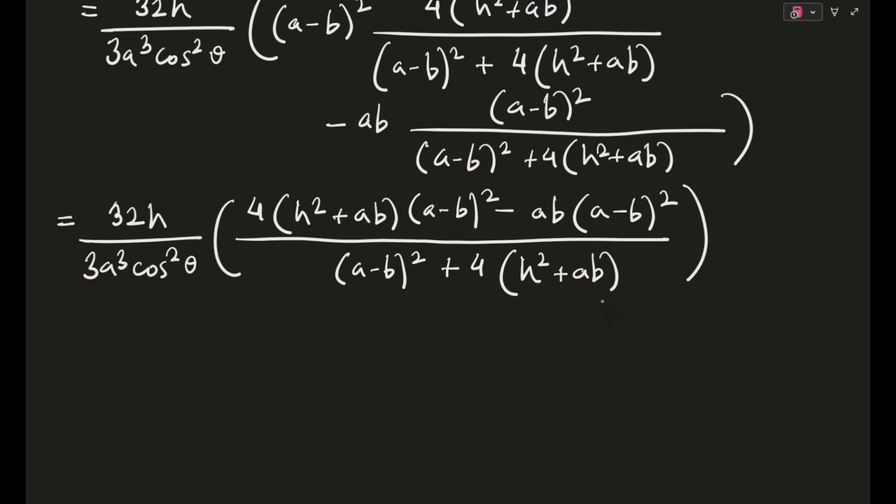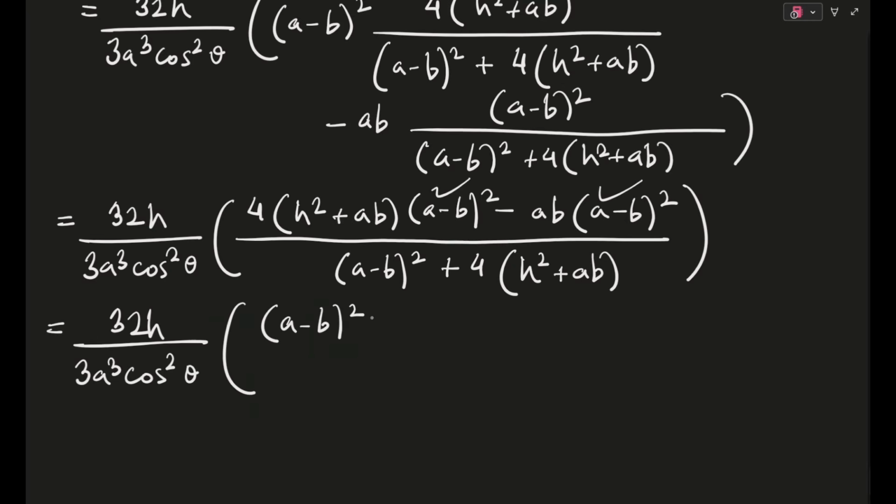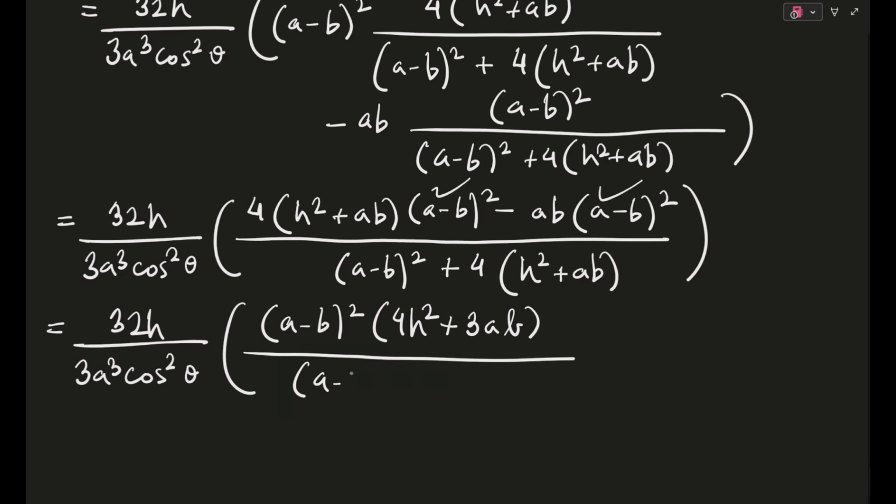From here, a minus b whole square will be common from these two terms. So if we again evaluate this, this will come out to be 32h by 3a cube cosine square theta, times a minus b whole square times 4h square plus 3ab, and this is whole divided by a minus b whole square plus 4 times h square plus ab.